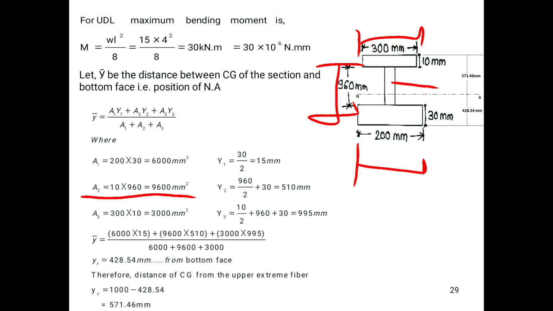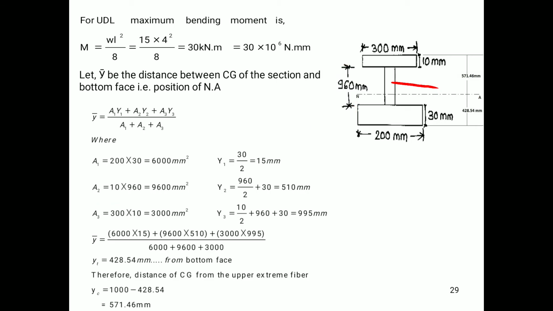Deducting 200 from 300 on this side, we have width equal to 10 mm and depth equal to 960 mm. On multiplying these values, we have A2 equal to 9600 mm square.